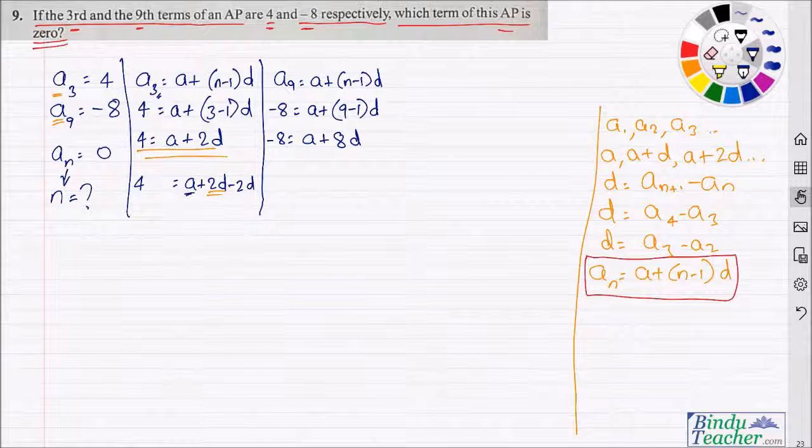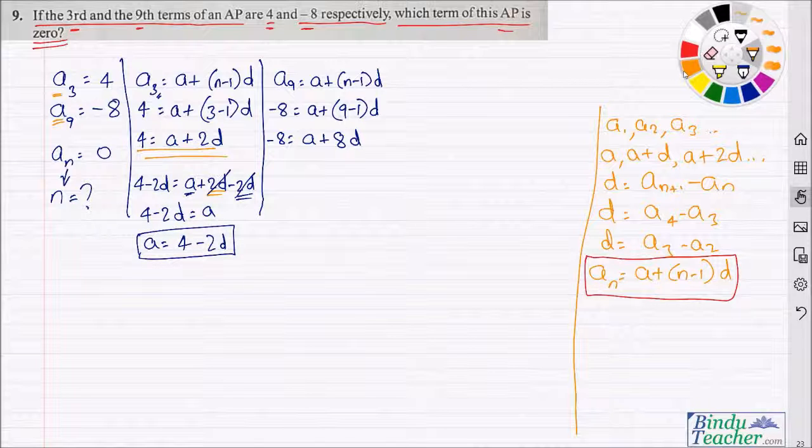But since this is an equation, I need to balance the other side also. So whatever we do on one side of the equation should be repeated on the other side of the equation. So by doing this, plus 2d and minus 2d cancel out each other. We are left with 4 minus 2d equals a, or it can also be written as a equals 4 minus 2d.